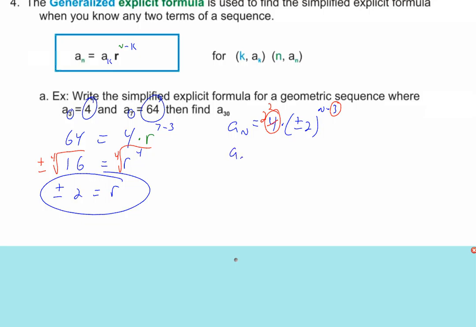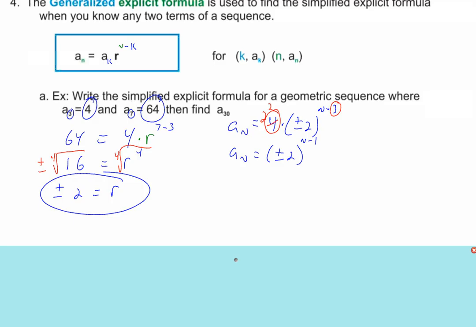And we really end up with plus or minus 2 to the n minus 1, because a positive 2 and a negative 3 is a negative 1. We're adding the exponents. I just added 2 plus n minus 3, and you end up at n minus 1.